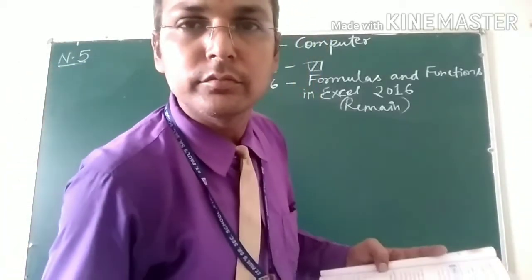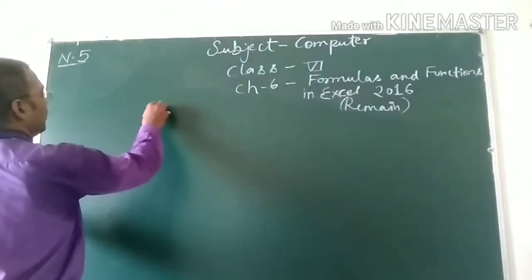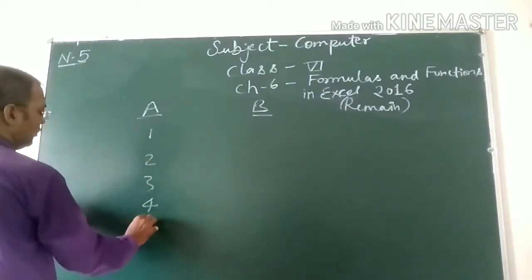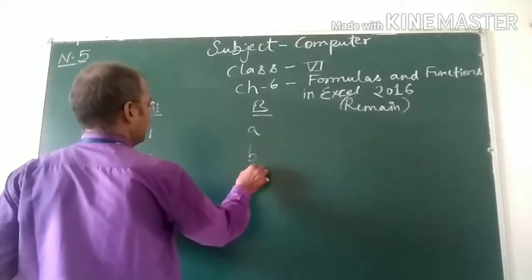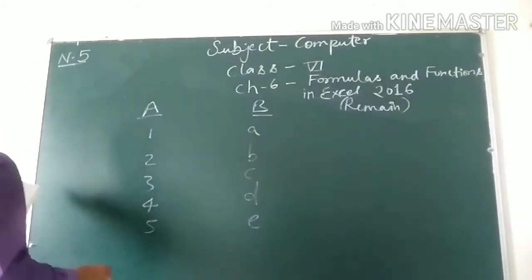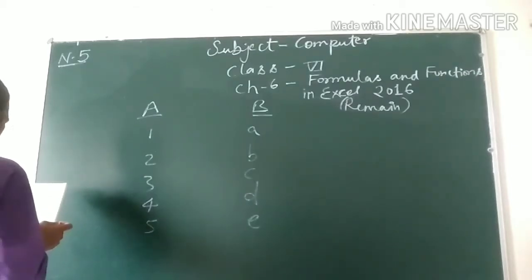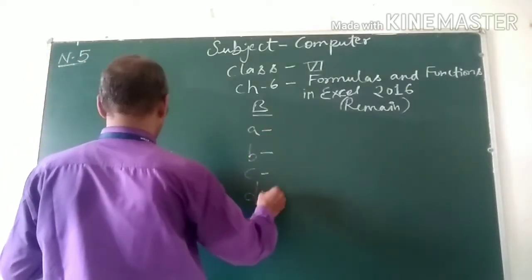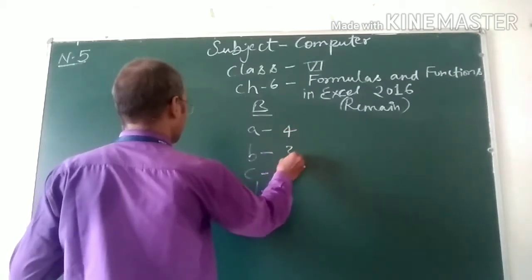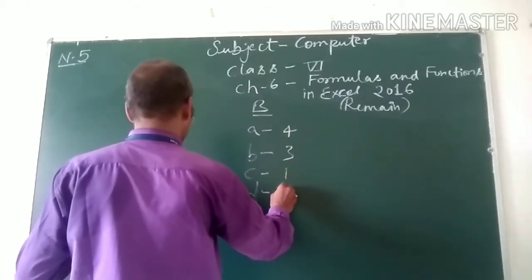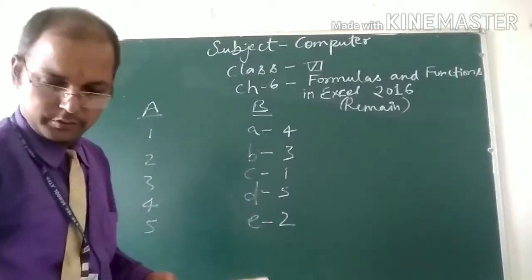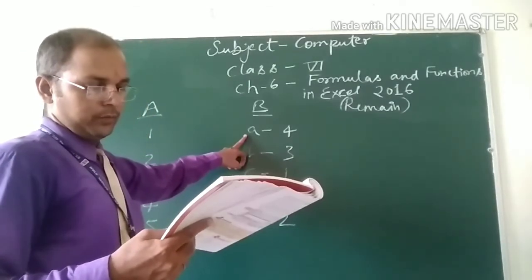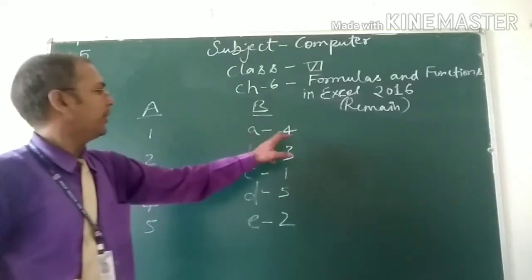Next, match the columns. Column A, column B. 1, 2, 3, 4, 5 and A, B, C, D, E. A, the AutoSum button, is the formula, so it matches with 4.